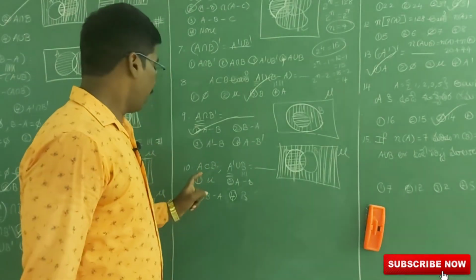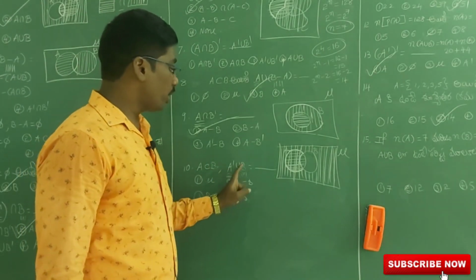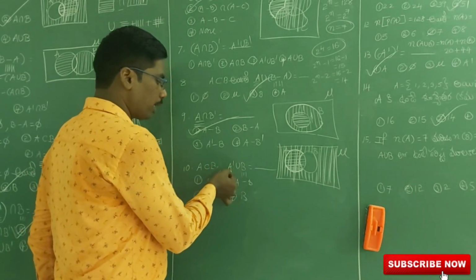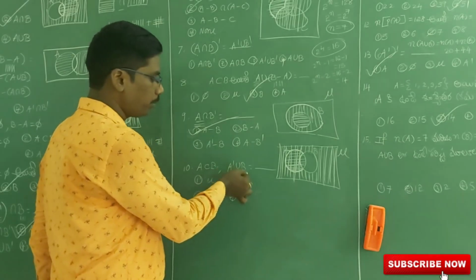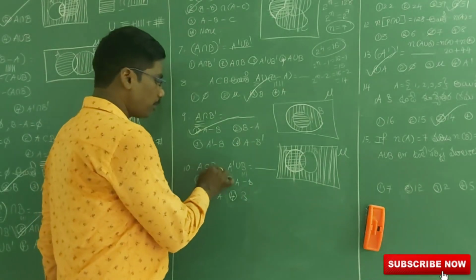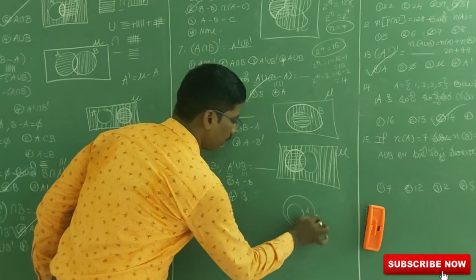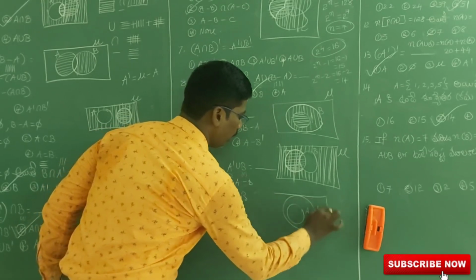Okay, now the 10th one. A is a subset of B, then A dash union B we have to find. I already explained, before the symbol that is horizontal lines, after the symbol that is vertical lines. Now A is a subset of B means this is A, this is B and total is mu.